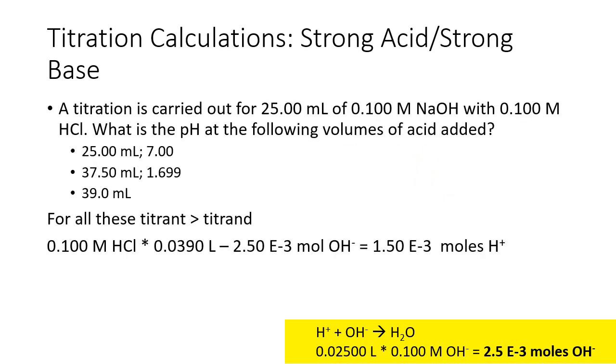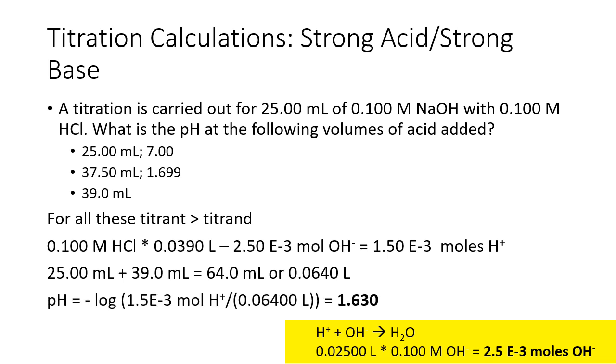We're going to do our amount of HCl minus what we started with for OH minus. We have 1.5 times 10 to the negative third moles of H+. We find our total volume at this point in time, which is 64 milliliters, or 0.0640 liters. Then we find molarity. And so we take the negative log of the moles over liters, and we get a pH of 1.630.